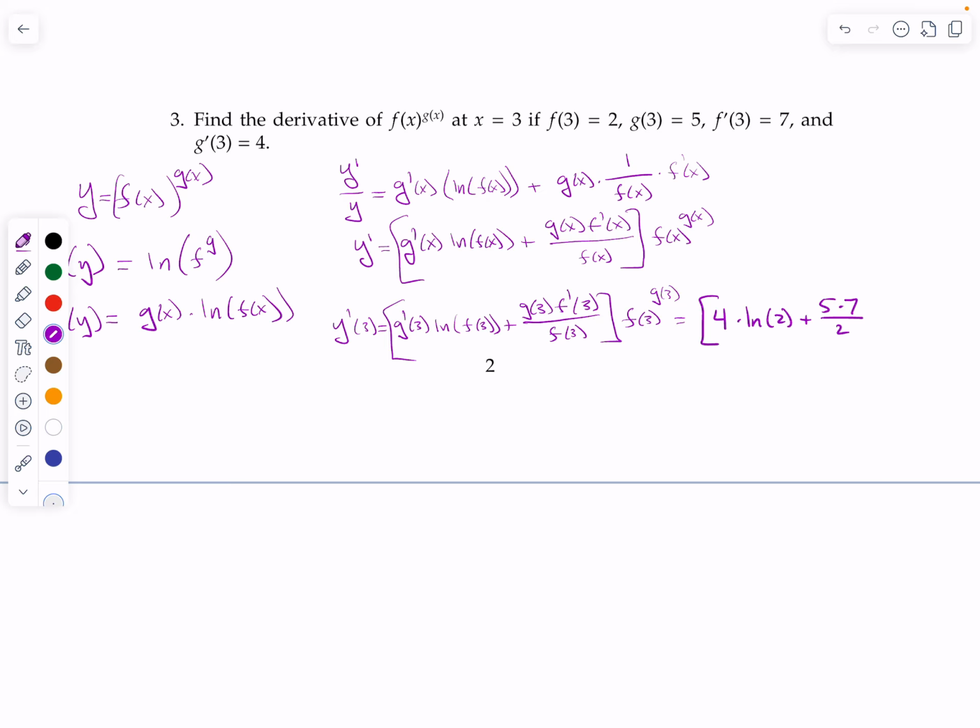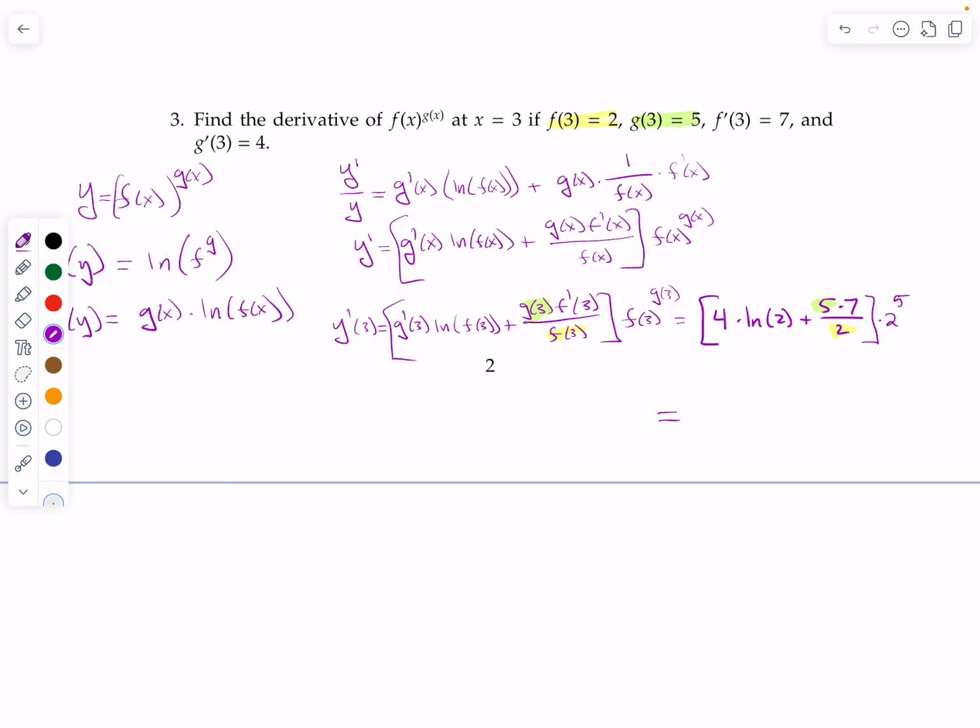So I'm just matching things up here. Like this f of 3 is that, and the g of 3 is 5, and so on. Nearly done now. And then f of 3 is 2, and g of 3 is 5.